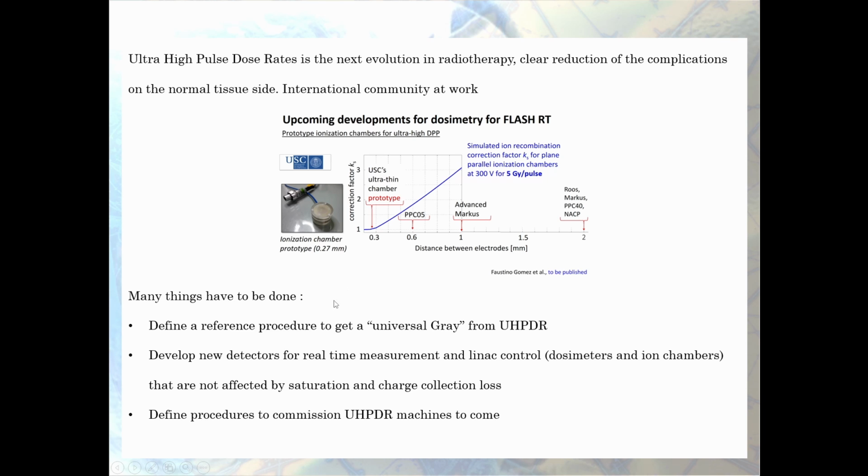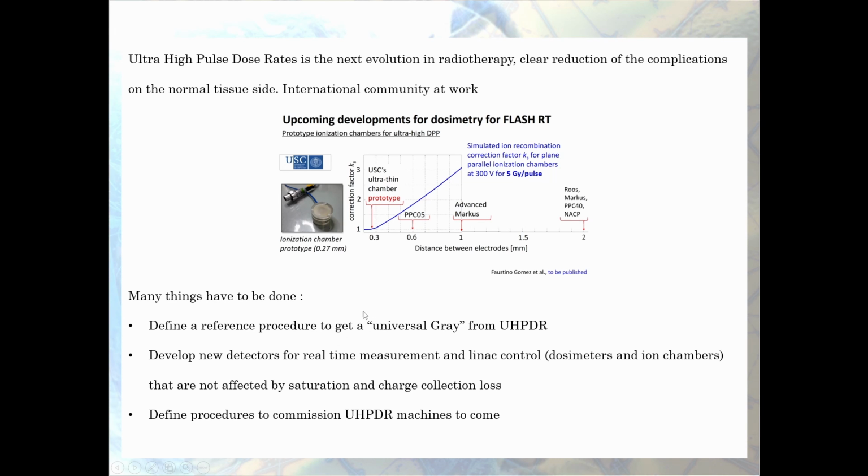You need also to develop those detectors for real-time measurement, and to control the LINAC, to have something inside the LINAC head to take the place of the monitor chambers that will not be affected by saturation and loss of charges.